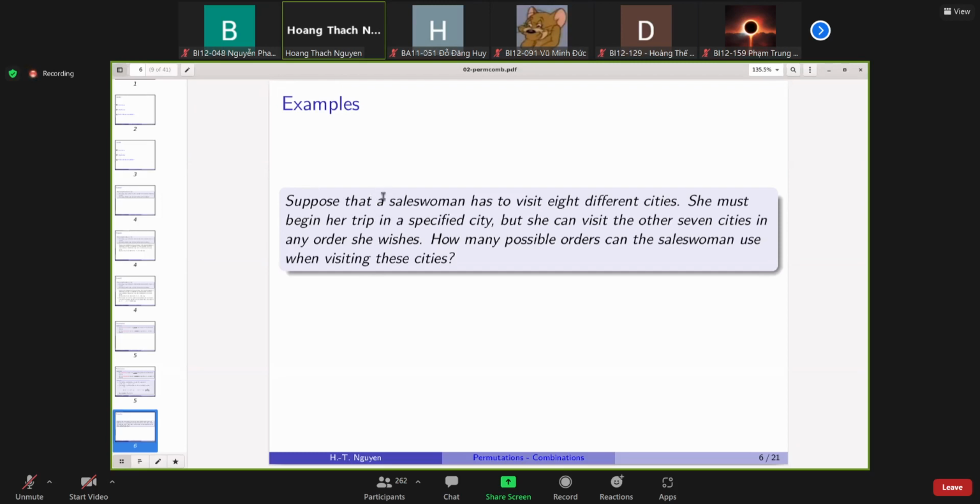Let's look at the number of possibilities of this problem. I will talk about the traveling salesperson problem later, but now let's look at a smaller problem.